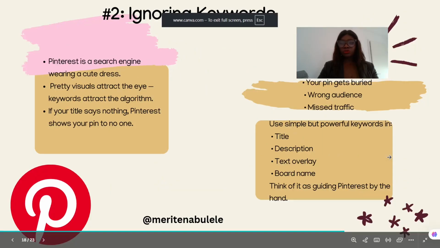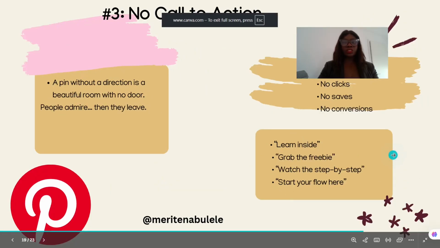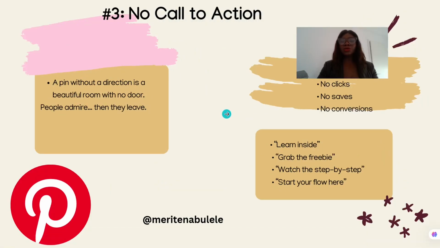So for some of you also, you are ignoring the keyword we did just now. And lastly, no call to action. Call to action is very important when you're creating your Pinterest, right? Add a call to action before you even create your pin. Are you going to promote or are you going to sell?